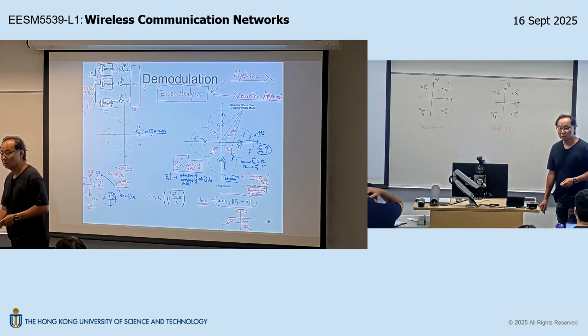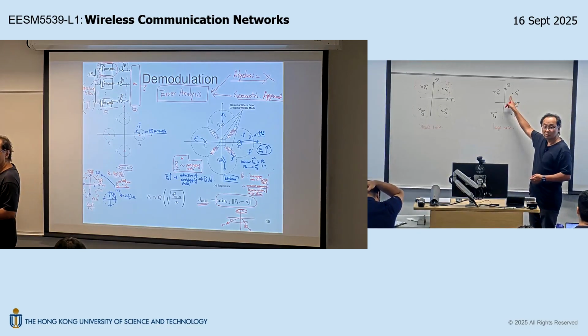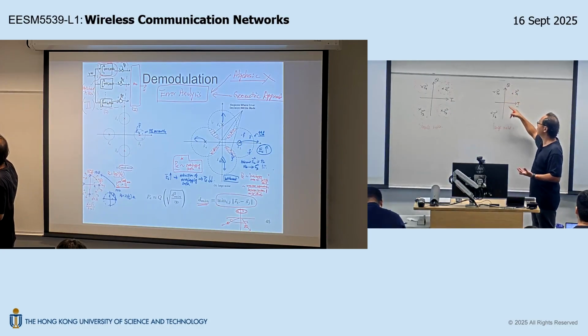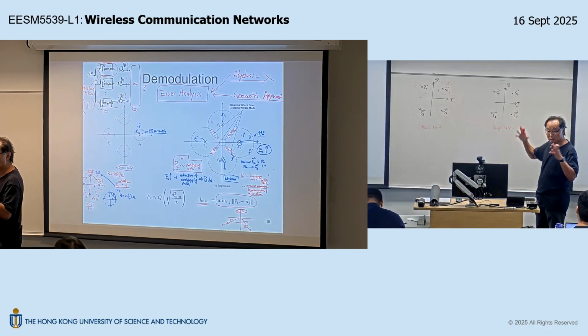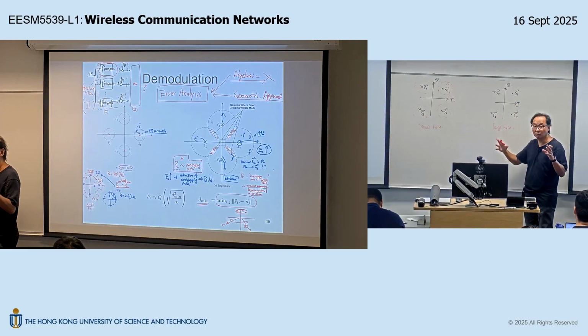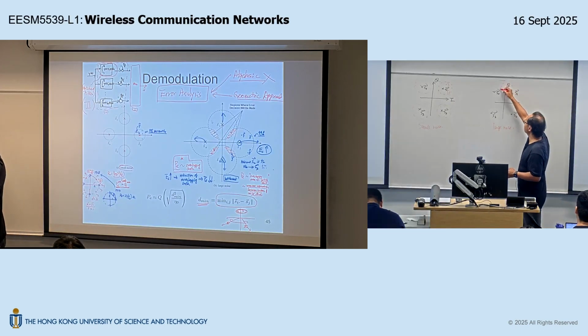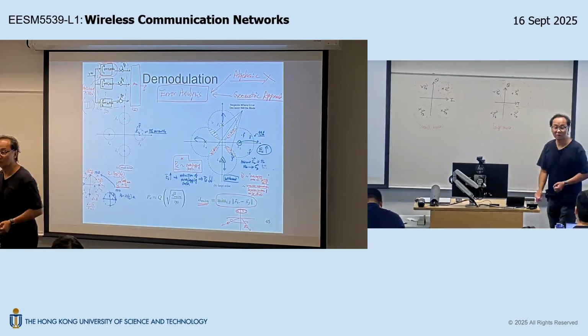That means if I transmit S1, very likely with high probability, my observation will lie within a certain noise cloud centered about S1, right? But now let's assume the noise power is large, so the size of the noise cloud is bigger. So let's say this is my noise cloud about S1. Is that okay?